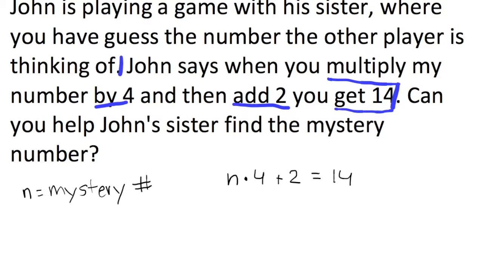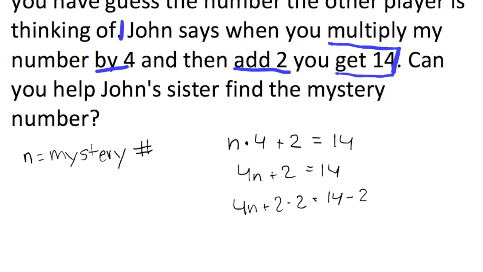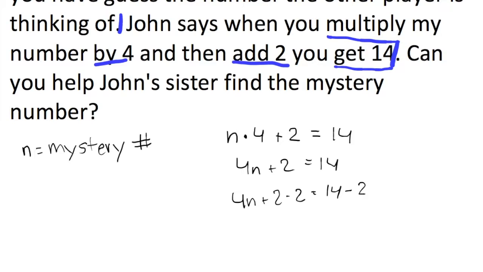After this equation, we can begin to simplify it by saying 4n plus 2 is equal to 14. We already know how to solve an equation, so we can say that 4n plus 2 minus 2 is equal to 14 minus 2. After we have that, we can simplify even further and say that 4n is equal to 12.